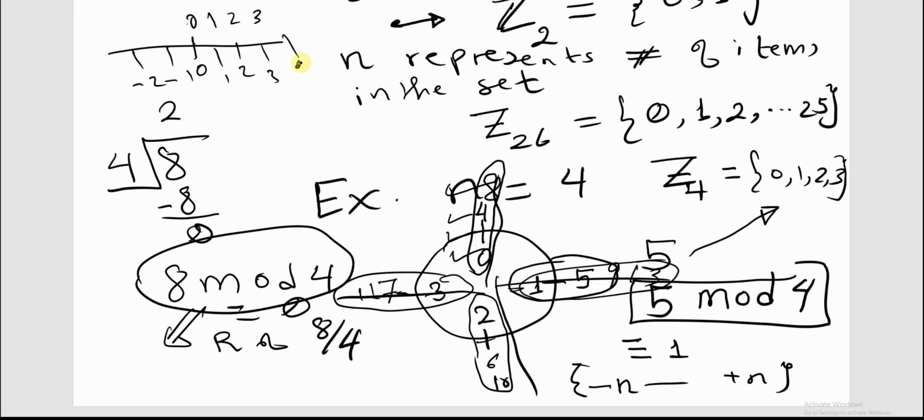Then for 4, it goes back to 0, because we run out of numbers. Then 0, 1, 2, and 3. Here the same thing: this is 3, this is 2, minus 3 is 1, and minus 4 is 0. So it is the sequence of numbers.